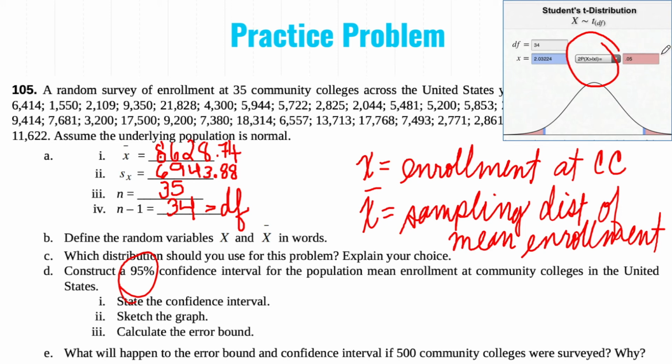If we have a 95% confidence interval as a proportion, that's 0.95, so that means our alpha is 1 minus 0.95, which is 0.05. And then when I click away, I get the appropriate t-score, which in this case is 2.03. So we would say that our mean is somewhere here, 8,629, approximately right here.